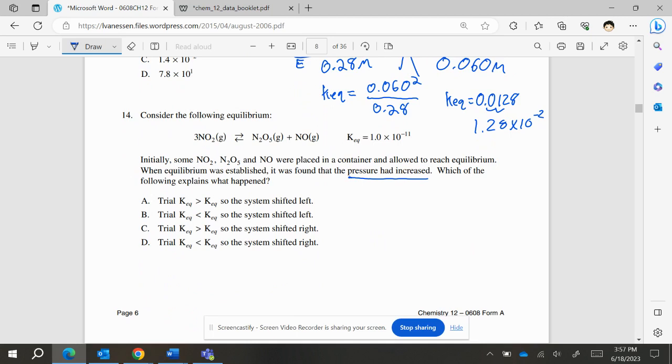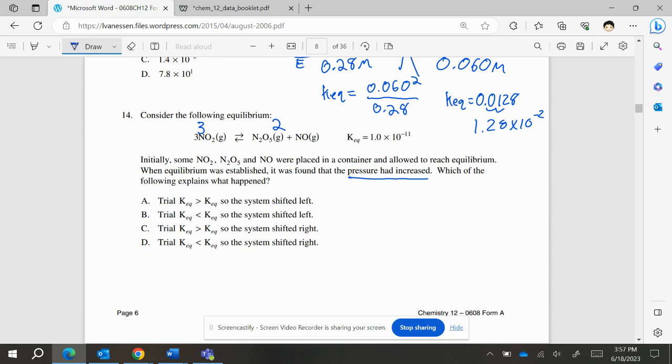Okay, so here we have 3 gases, and here we have 2 gases. And so what we found is that they just threw in a bunch of chemicals into some kind of container, and they shook it up, and they started to let it sit. They found that the pressure started to increase.